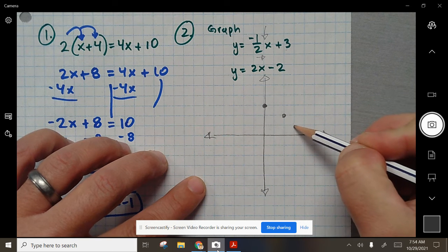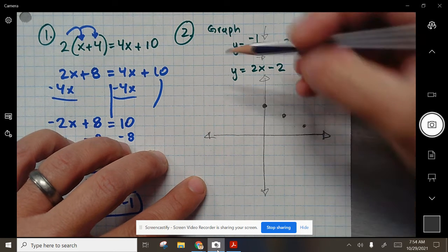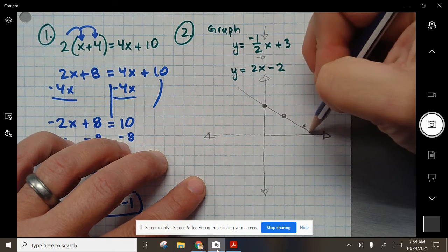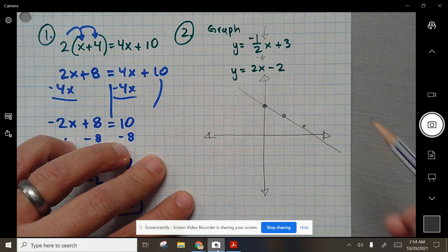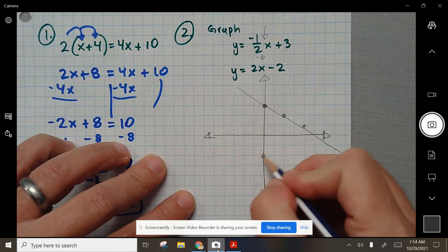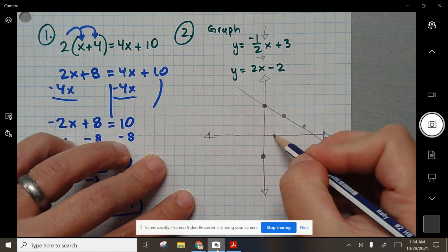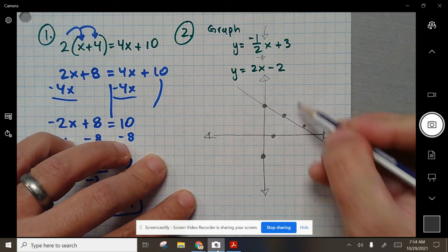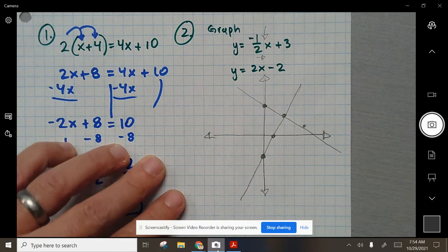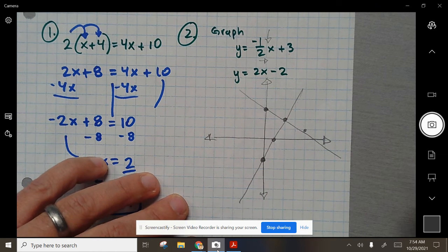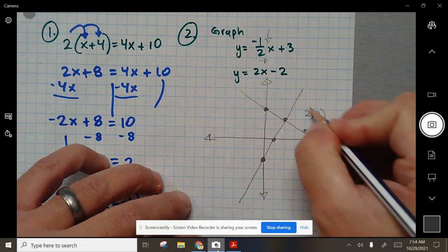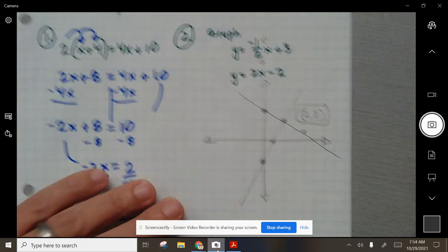Down 1 over 2. You want to keep the pattern going? Let's go. All right. Second one, negative 2. Up 2 over 1. Up 2 over 1. All right, you get an idea. Where did they touch? That's your answer, where they touch. Okay, so they touch at (2, 2). And that's your answer. Okay?